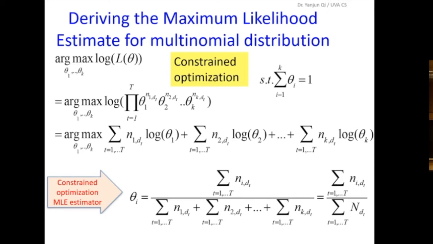You add this constraint into the loss formulation through a Lagrangian multiplier. You're just trying to maximize things together. You take the gradient, set it to 0, and you get theta I for a specific elementary event.